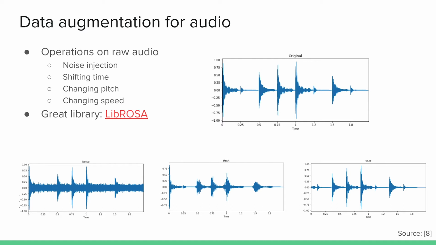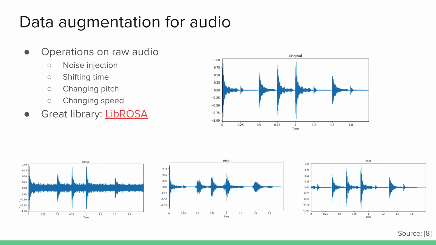When we now leave the domain of images, we can go into the audio domain, and also here there are a bunch of data augmentations that you can apply to your data. For example, you can inject noise, you can shift your samples in time, you can change the pitch to make it sound a little bit higher or lower, or you can just change the tempo of what you've recorded.